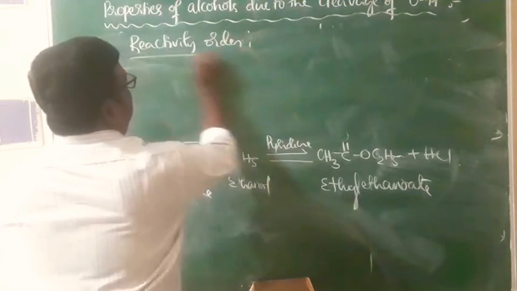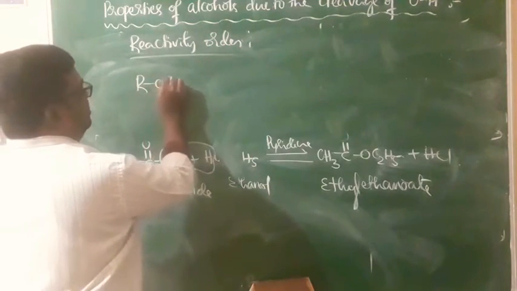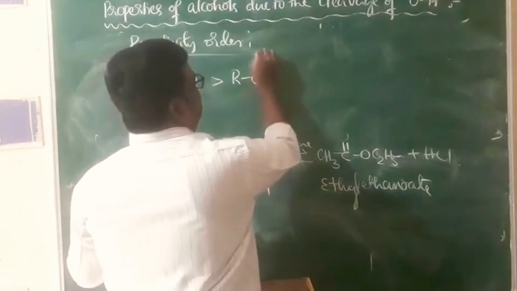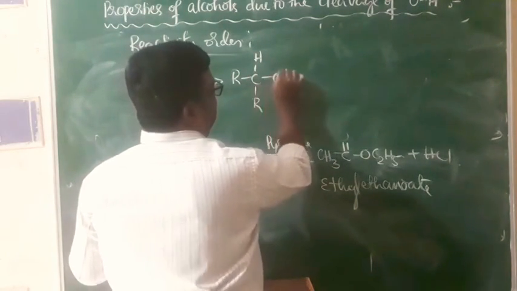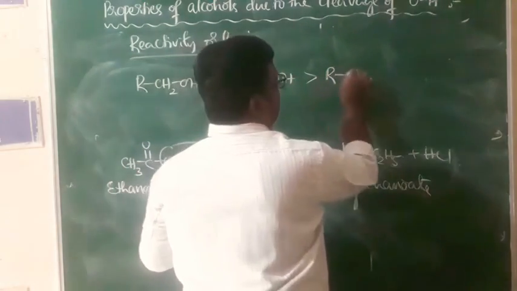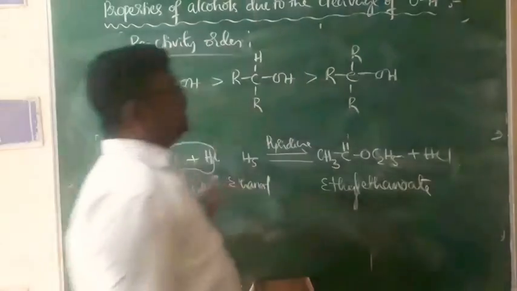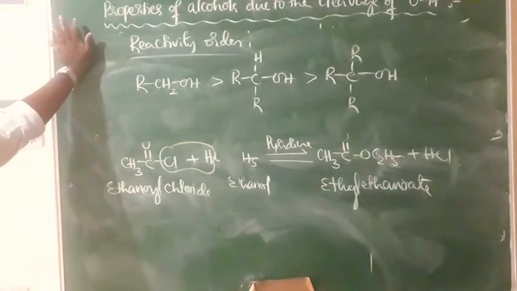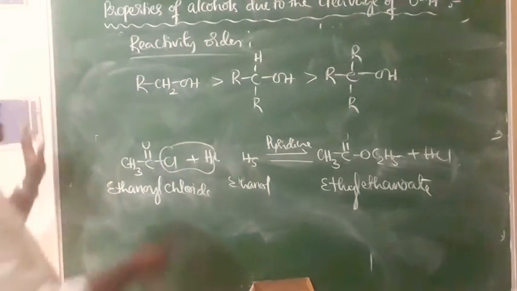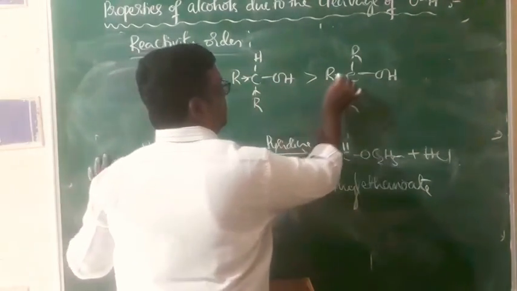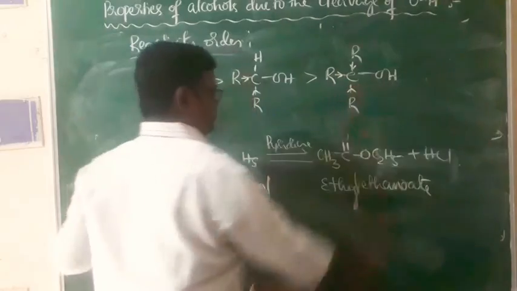Primary alcohols are more reactive than secondary alcohols. Secondary alcohols are more reactive than tertiary alcohols towards the cleavage of the OH bond, because here we have one electron releasing group, here we have two, and here we have three.